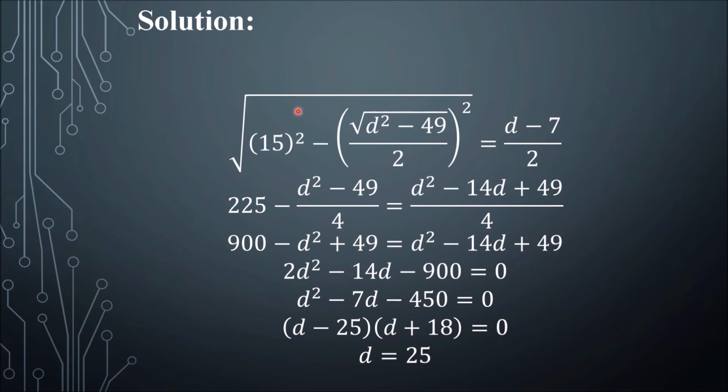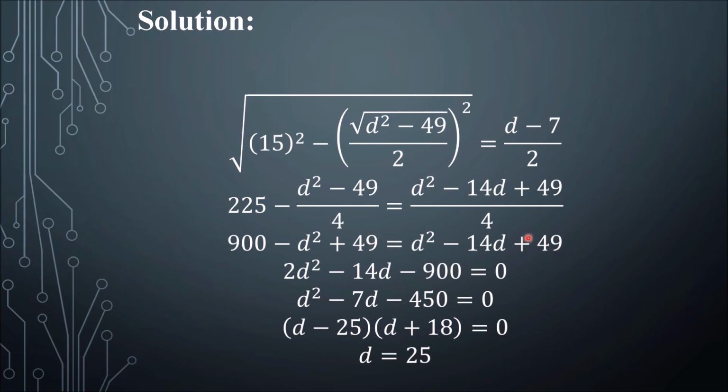So first, we square both sides. So this is 225 minus (D squared minus 49) over 4 is equal to the square of this, (D squared minus 14D plus 49) over 4. Next, we multiply all sides by 4. So 225 times 4 is 900, minus D squared plus 49 is equal to D squared minus 14D plus 49.